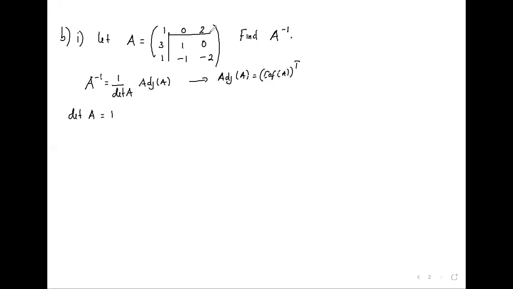So we have 1 times -2, minus -1 times 0. So 1 times -2 is -2, minus -1 times 0, which is 0. So the answer here is -2.